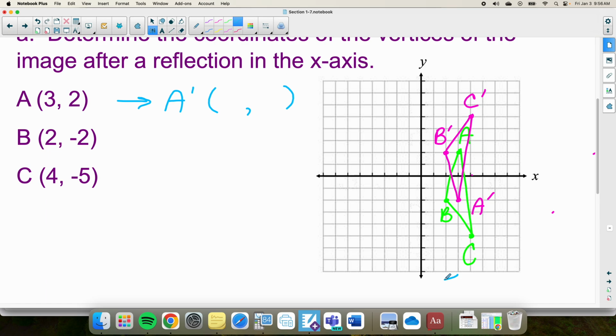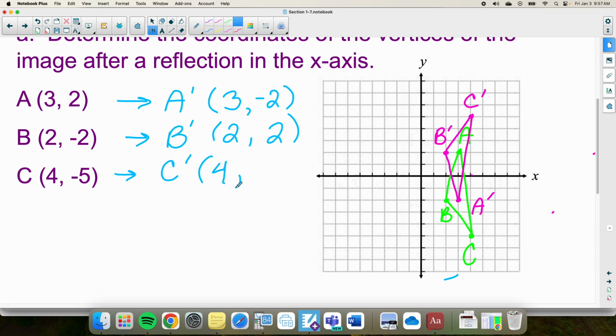And what it said was just change the sign of your y. So x stays the same. If that's +2, it's a -2. Okay? B becomes B prime. x stays the same. If this is a -2, it becomes a +2. And then again, for my C prime, x stays the same, my y I change.